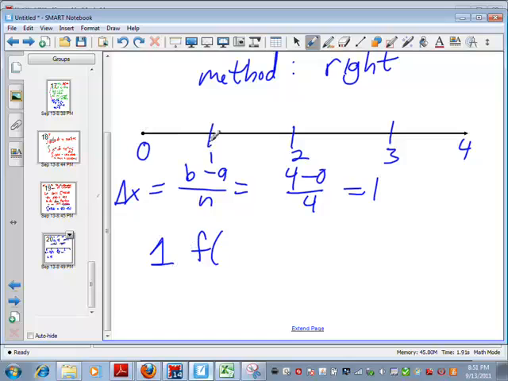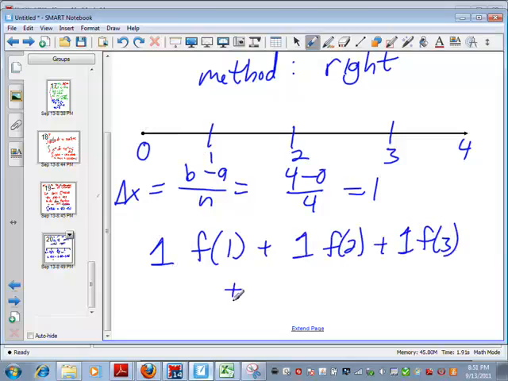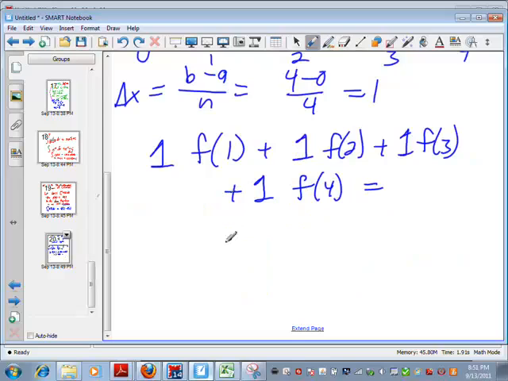What's the height? f of 1, plus 1 times f of 2, plus 1 times f of 3, plus 1 times f of 4. And that equals 1 cubed plus 2 cubed plus 3 cubed plus 4 cubed.